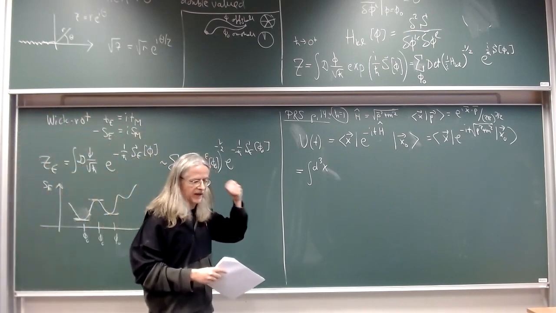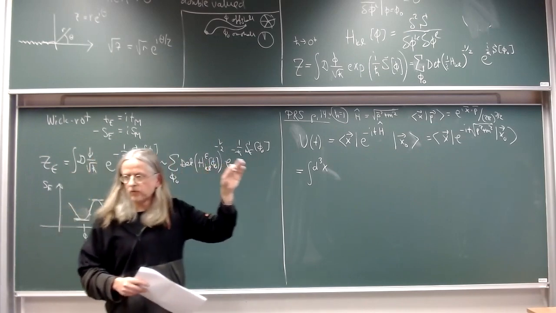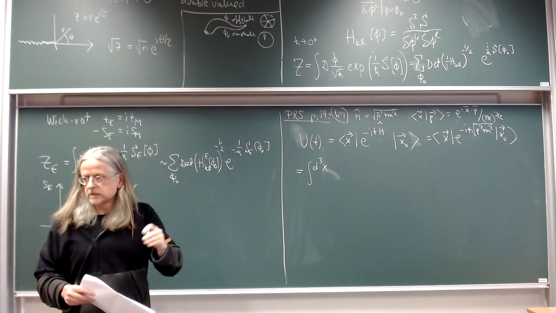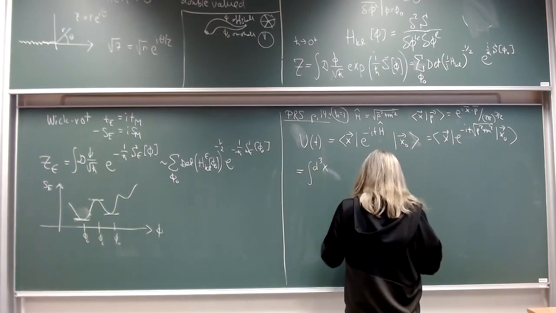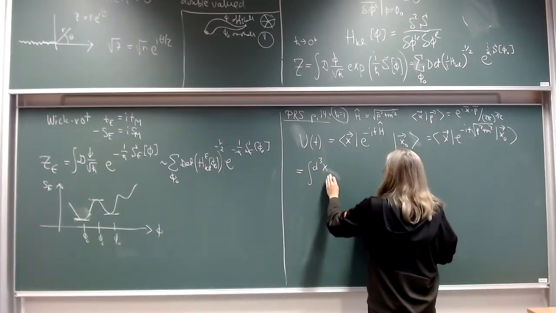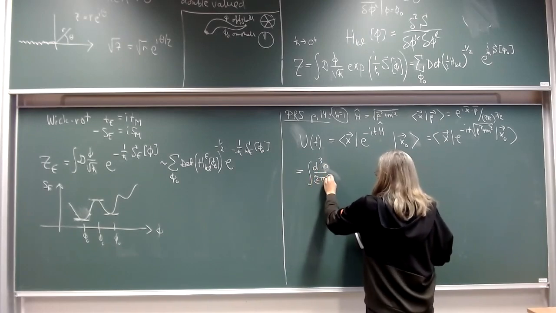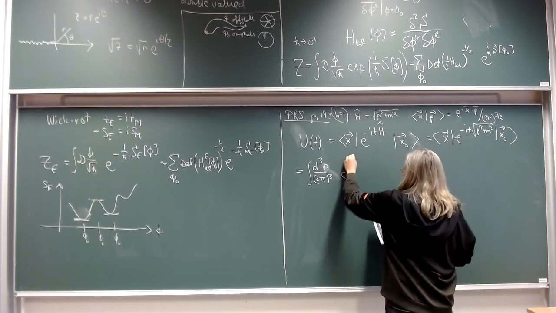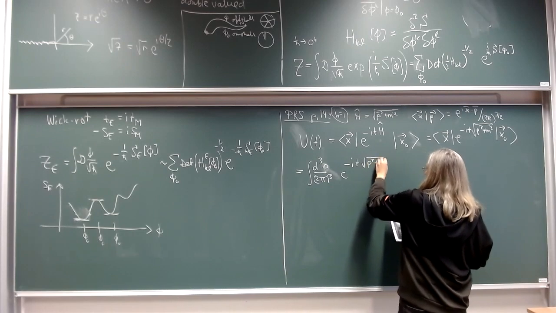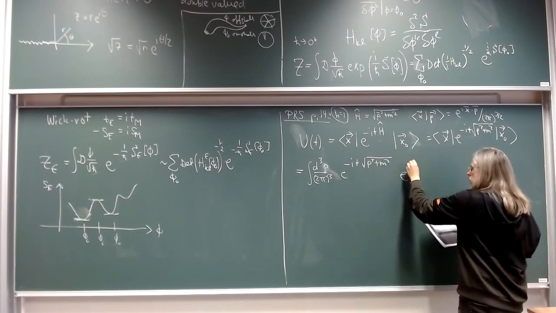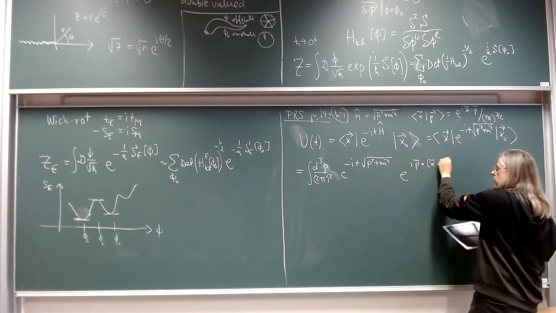But you have to keep in mind that we put h bar to 1, but we might need it for making the steepest descent argument at some point. Okay, so this is equal to the integral over p, d^3p over (2 pi) to the 3, e to the minus i t square root of p squared plus m squared, and then e to the i p dot x minus x0.